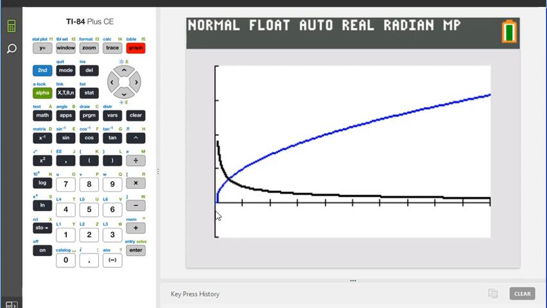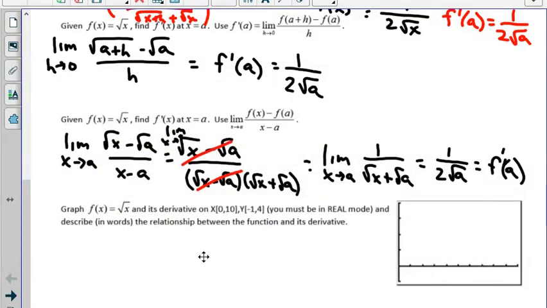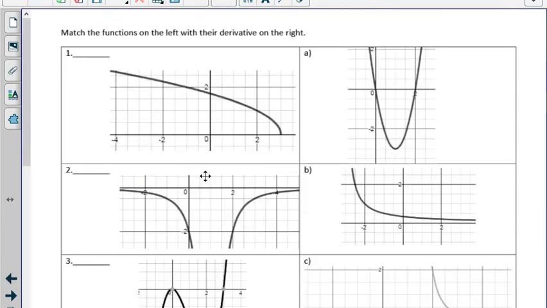And what you notice is that the slope is continually decreasing, but is always positive. So if you look at the black curve, the slope is always positive, but it's continually decreasing, and the slope is getting smaller and smaller as we move along. Okay, so that is what's going on with the relationship of the function and its derivative. As you graph the function, you can see the slope of the tangent line consistently, and then you end up graphing that.